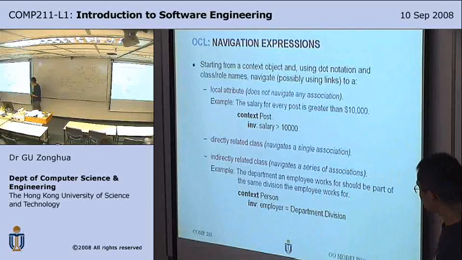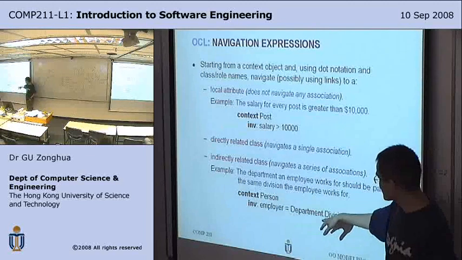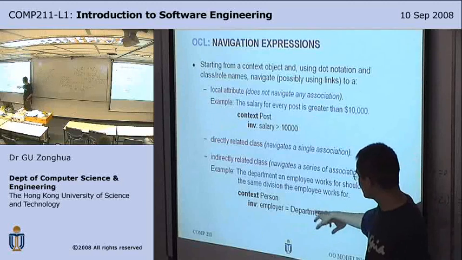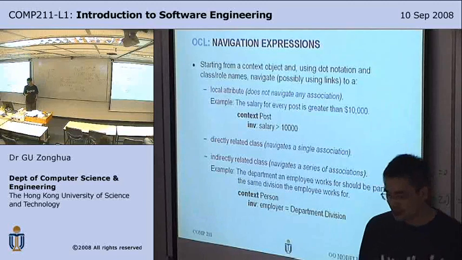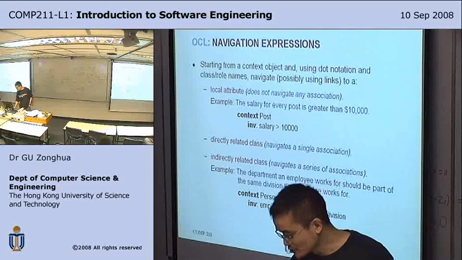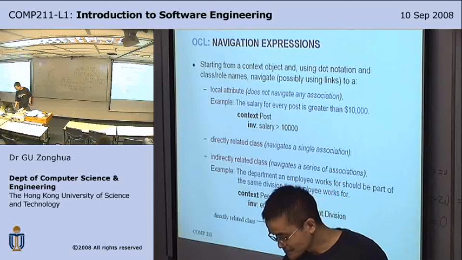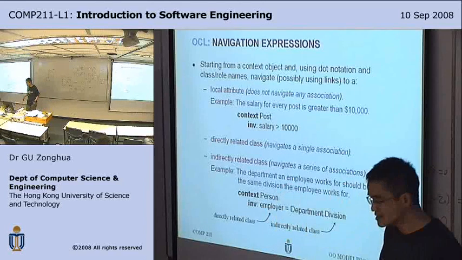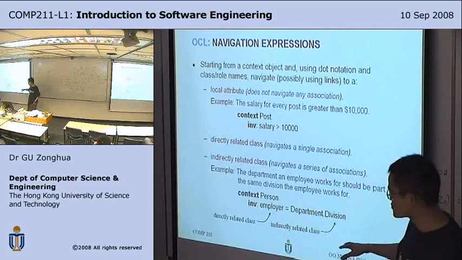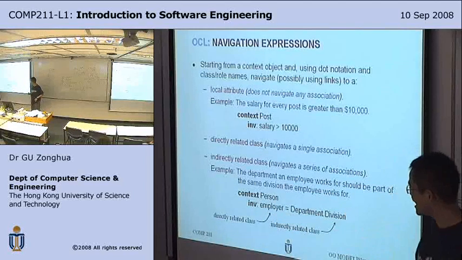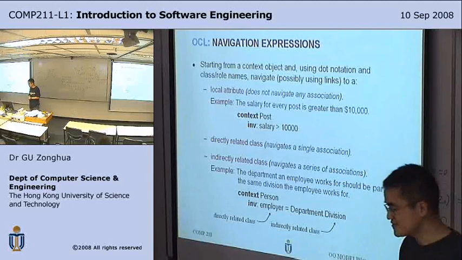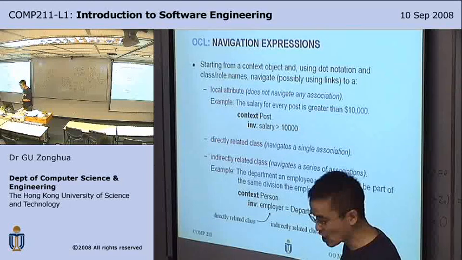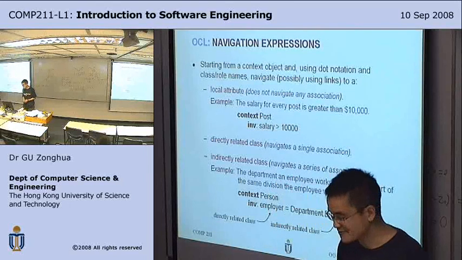So now this is a double navigation. You navigate from person to department and then from department to division. So we'll show some examples. Employer is a directly related class to person because in the class diagram you have a direct association between these two, but division is an indirectly related class. You've got to go through department first.